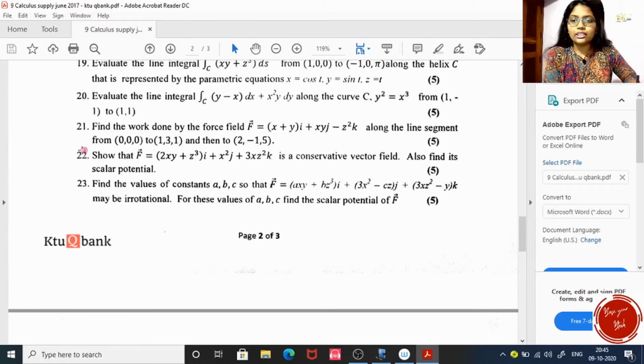So here is the question, 22nd and 23rd. Show that F is a conservative vector field, also find its scalar potential. So let's copy this down.